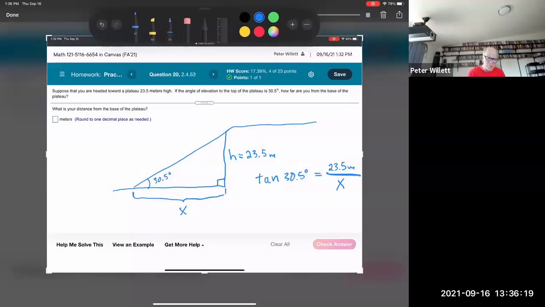And again, I could multiply both sides by X so that the X goes over to this side and gets canceled off of that side. And then I can divide both sides by tangent, and that'll tell me that X is equal to 23.5 meters divided by tan of 30.5 degrees. And that's when I get my calculator to give me an answer.